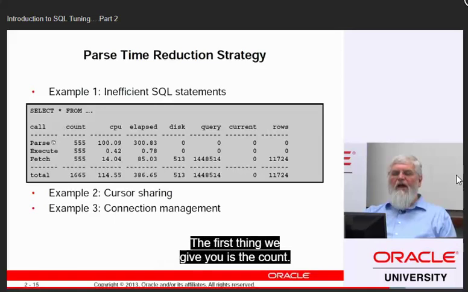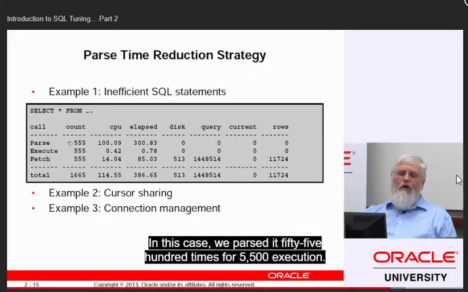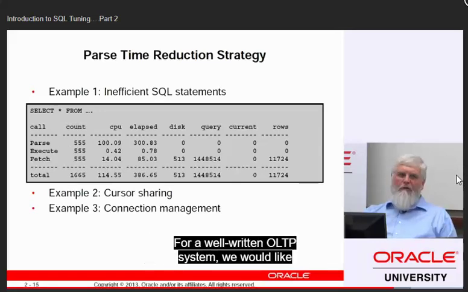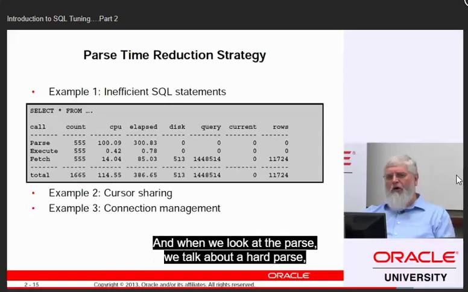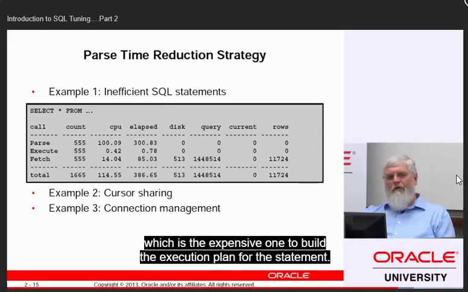For a well-written OLTP system, we would like to see it parsed once and executed many times. When we look at the parse, we talk about a hard parse, which is the expensive one to build the execution plan for the statement, or a soft parse, where we have to look it up because my particular statement can't find it.